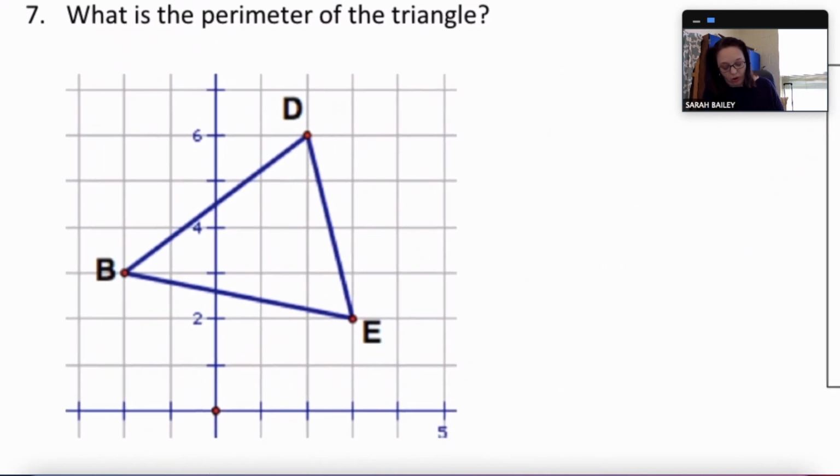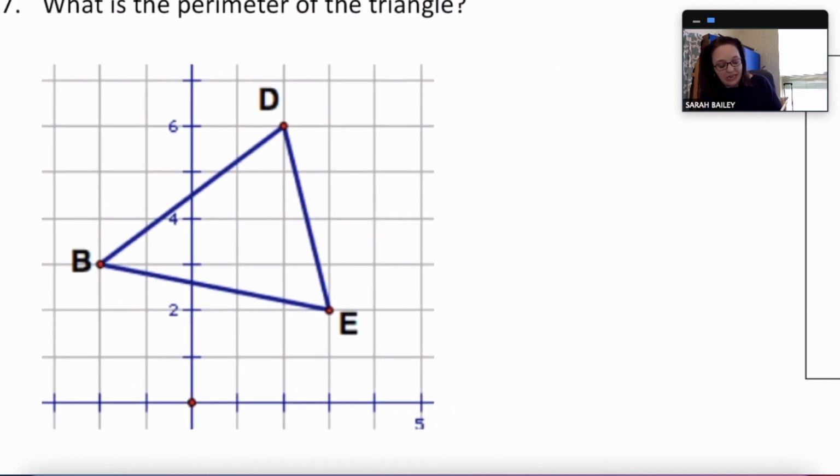So let's start off with side BD, and I'm going to come over here and label it BD. And it's a line segment. Remember that line segments have that little bar on top. I'm going to write down the coordinates of point B and point D here. So B is at -2, 3, and D is at 2, 6.